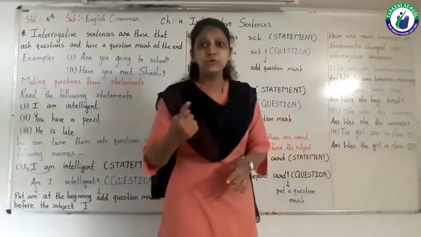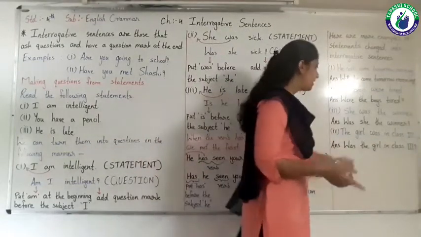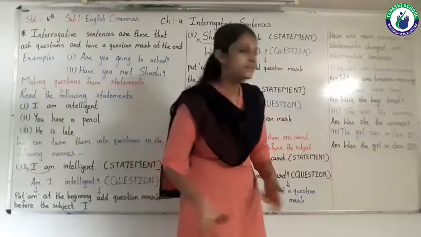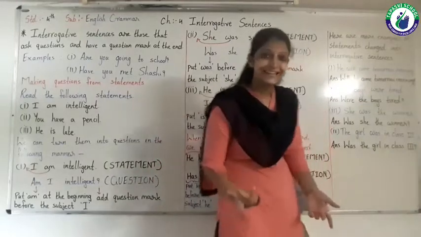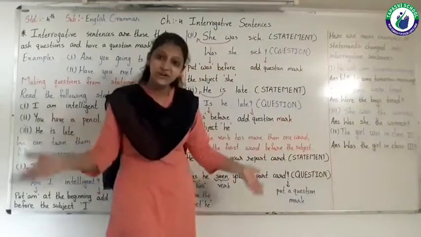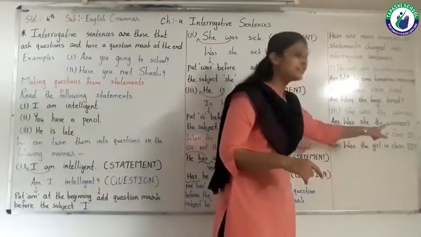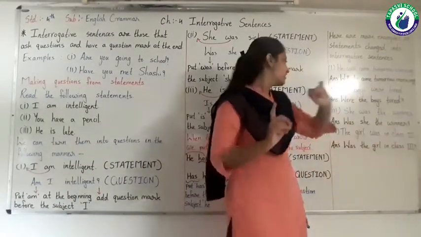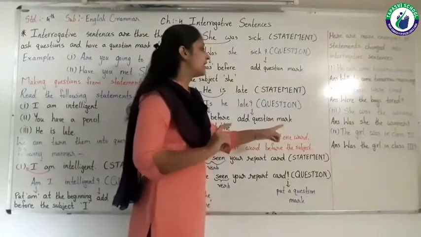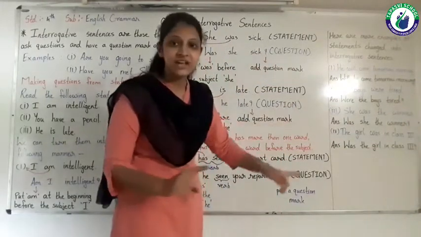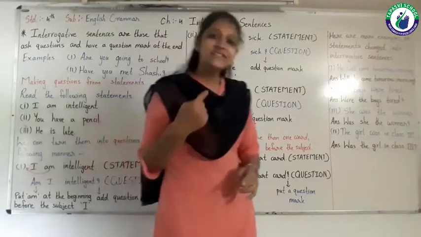After that we put subject the girl. After that we put object in class 3. तो ये क्या बन गया, interrogative sentence. Now was the girl in class 3? So here I make a interrogative sentence from statement.